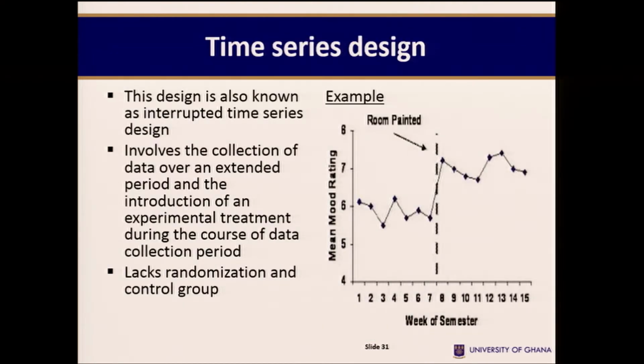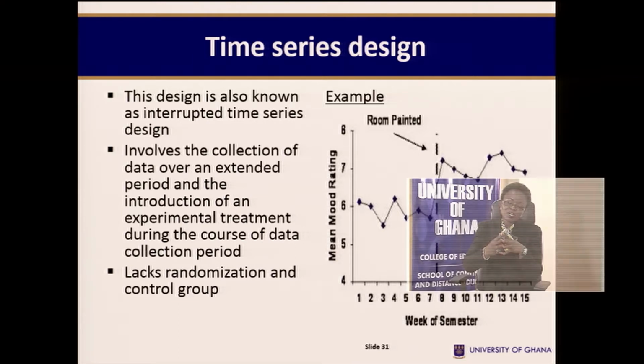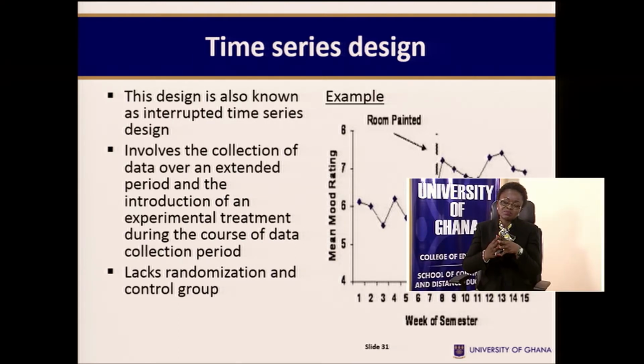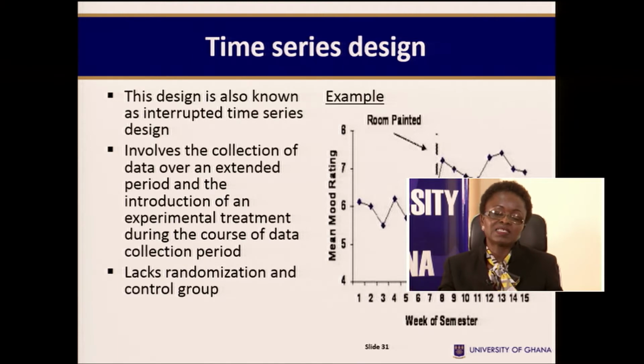Time series design. This one is a design that involves the collection of data over an extended period of time. It is also known as the interrupted time series. So probably you can use the semester period as the time period, the beginning of the semester and then the end of the semester.